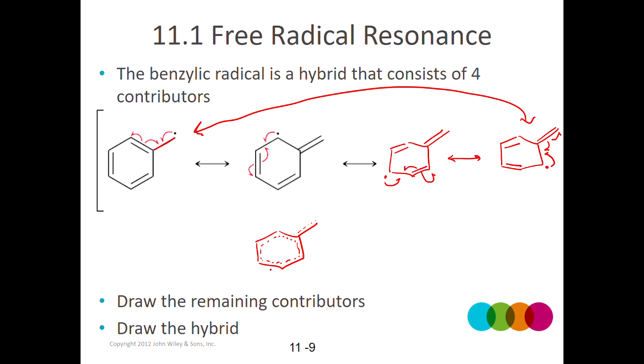To complete the hybrid, we would then show which carbons the radical is shared over or spread out over. So the radical exists on carbon 1, 3, 5, and 7 in one or another of the resonance contributors. So that means instantaneously I don't have any individual atom that has the instability of a free radical, but all four of those atoms take on a small quantity of that instability.